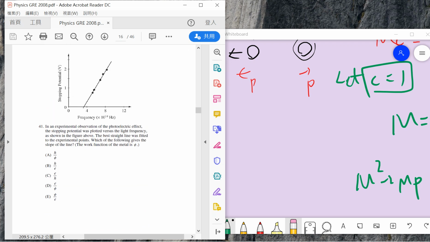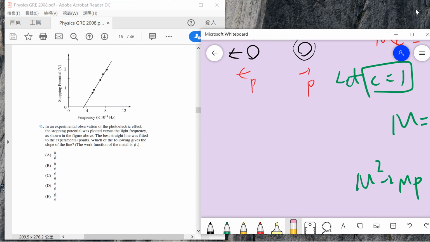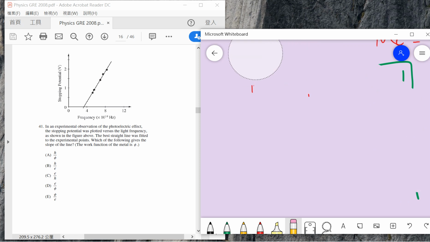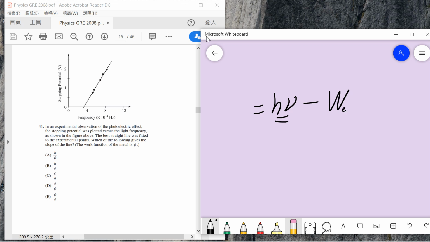So 41, basically this is the photoelectric effect, and you plot the stopping potential versus frequency. This is very easy, because the stopping potential is basically the photon energy minus the work function, which is some constant.